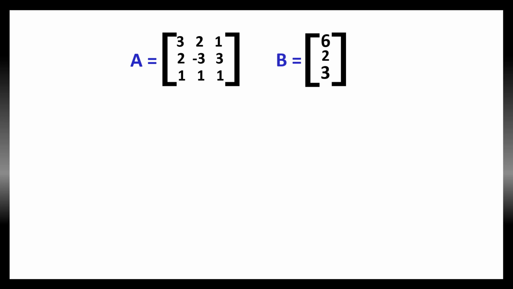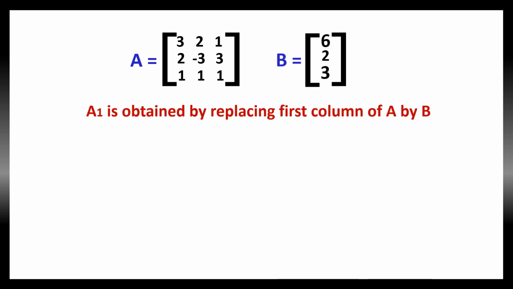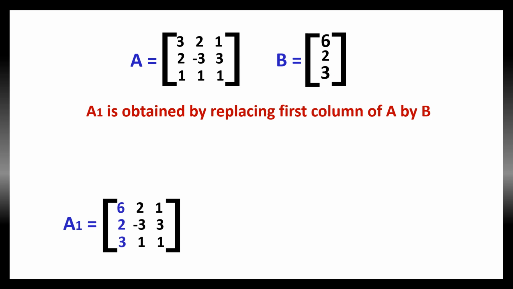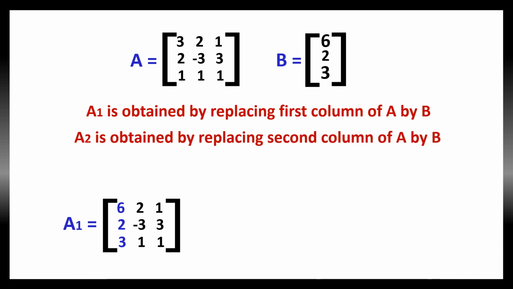Now, we have to find A1 by replacing the first column of A by B. So, A1 is equal to matrix of 6, 2, 1, 2, minus 3, 3, 3, 1, 1. That is, the first column of A is replaced with B. Next, we have to obtain A2.